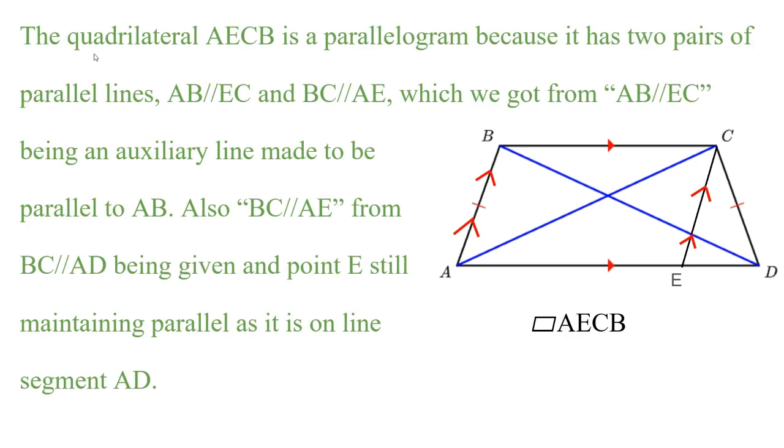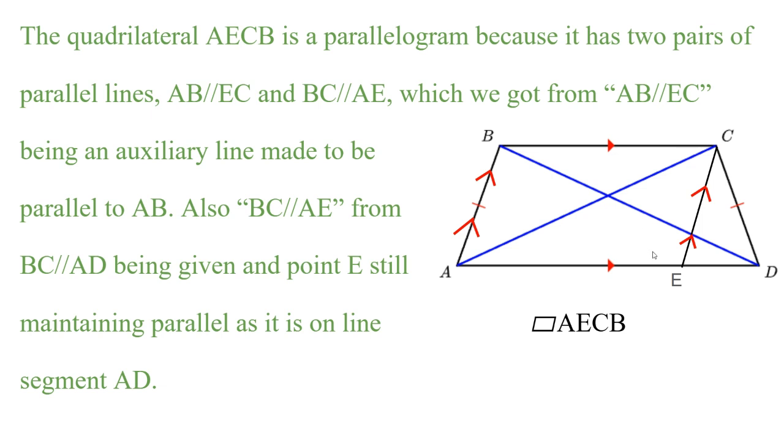Now the quadrilateral that we've created, AECB, is a parallelogram, because it has two pairs of parallel lines. The first pair comes from the given AD, which we can now put as AE, since point E is on that same line segment, so it still keeps parallel to line segment BC.